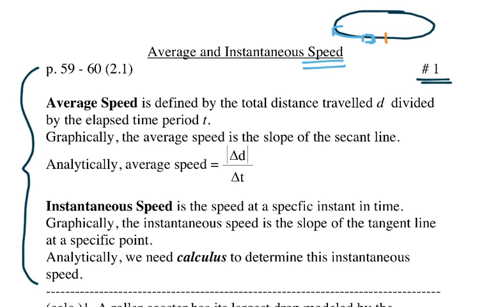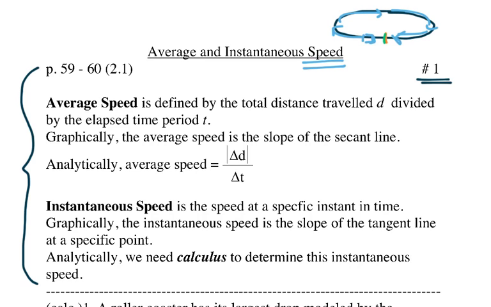Let's say this is a NASCAR track, and the car is going 120 miles per hour, something like that. The car goes all the way around the track and gets back to the starting point, and it's been going, on average, about 120 miles an hour.